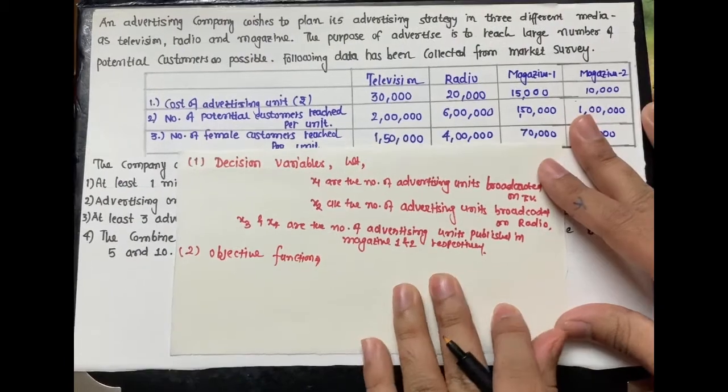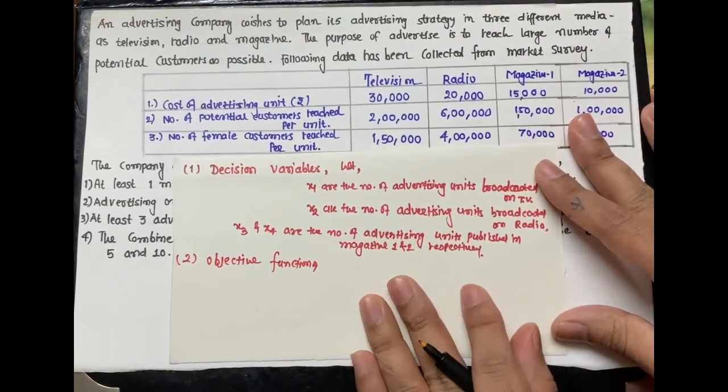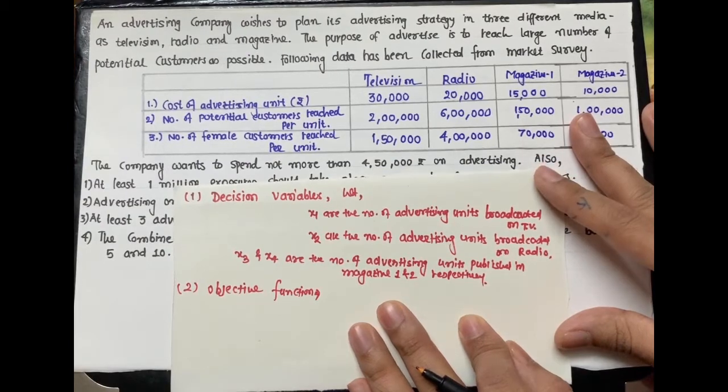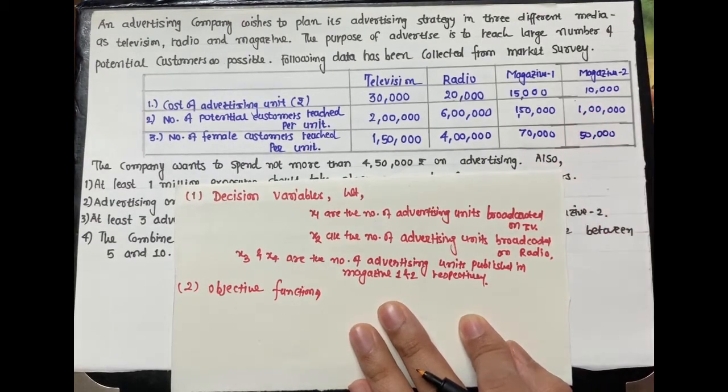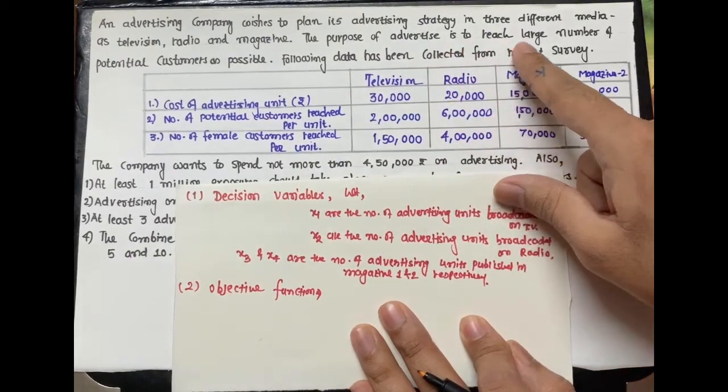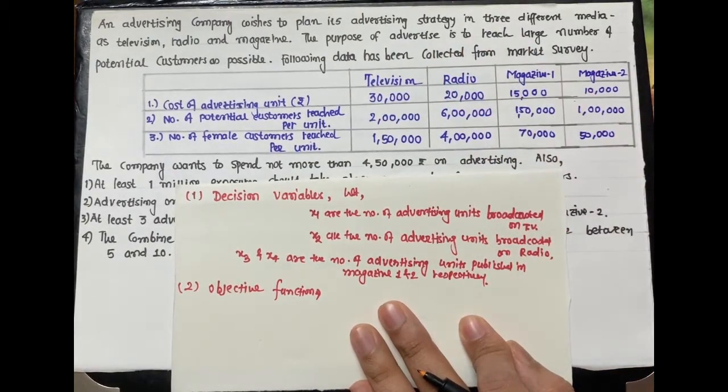Okay, so the objective function is mentioned here. The advertisement should reach as large a number of potential consumers as possible.